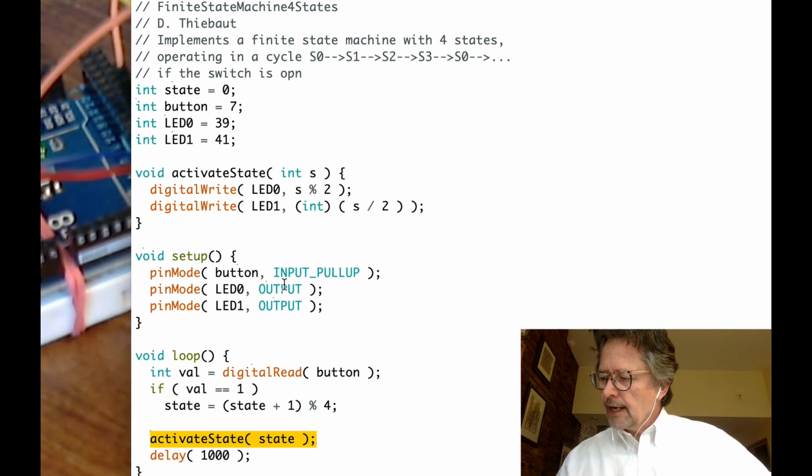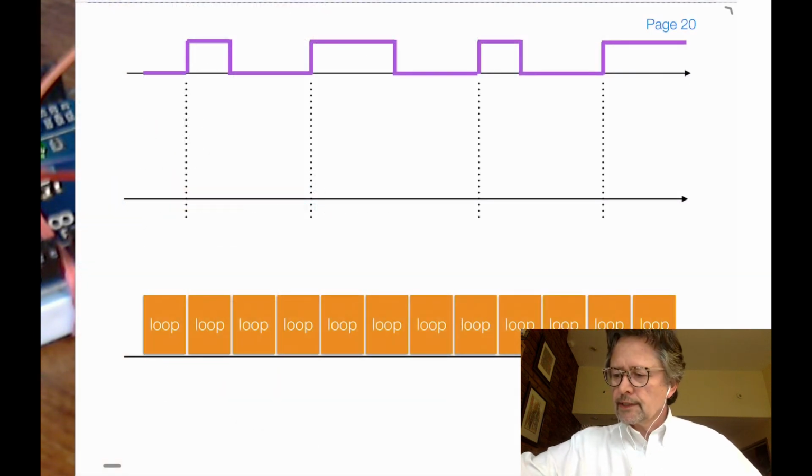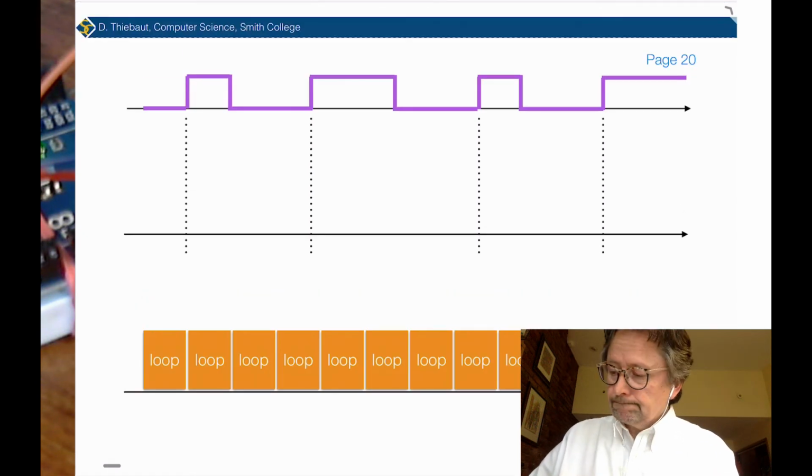All right, what if I wanted to generate a signal that had this particular shape? So here, having just done this exercise with the switch, how could we write a sketch that would generate a waveform like this? So I'm not doing pulse width modulation.